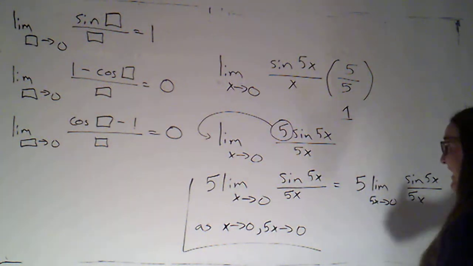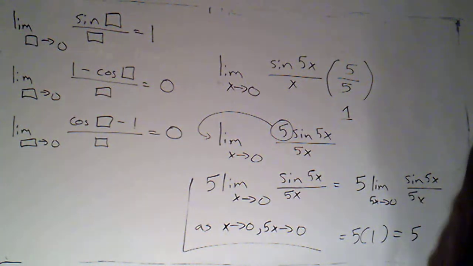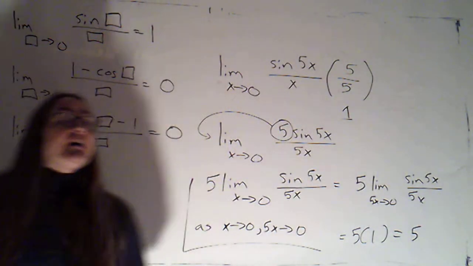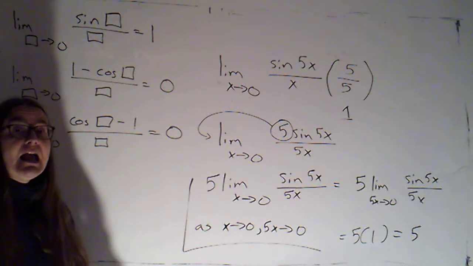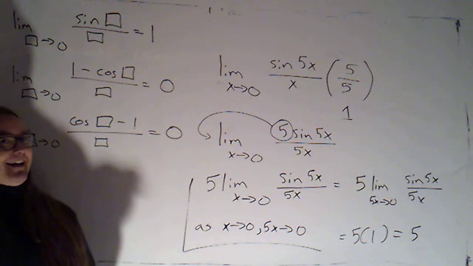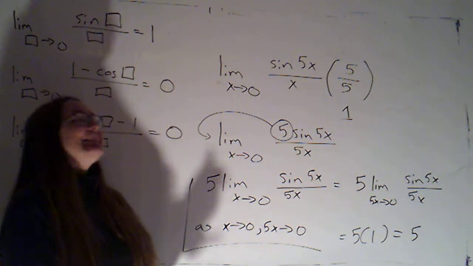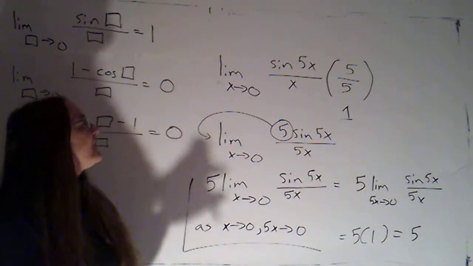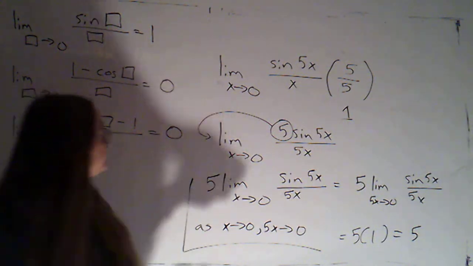Once I have that, I can say, oh, that's 5 times 1, which is 5. Now that's a limit that we wouldn't have been able to evaluate using any of the other techniques we've learned so far. I did mention there's a lovely technique called L'Hopital's rule that we will learn later this semester. At this point in the semester, you're not allowed to use it even if you know it from a previous class. All right, so this limit is 5.